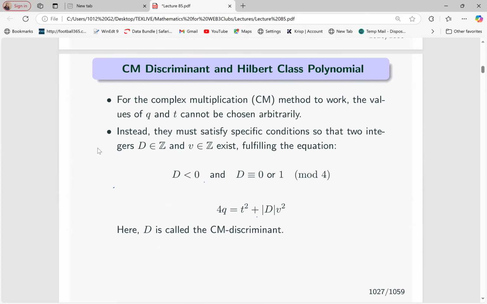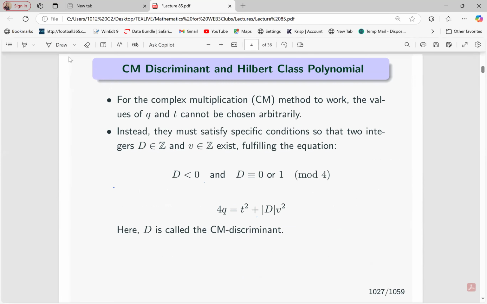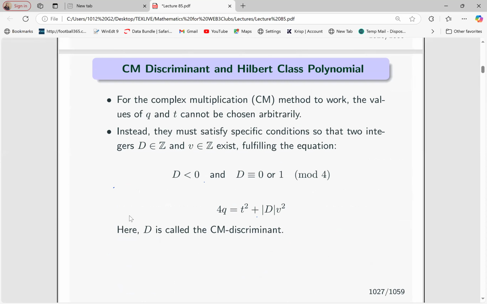Now D is here. This is the requirement for us to choose D. We calculate D. D must be less than 0. That D must be congruent to 0 mod 4, or if that is not the case, then it must be congruent to 1 mod 4.